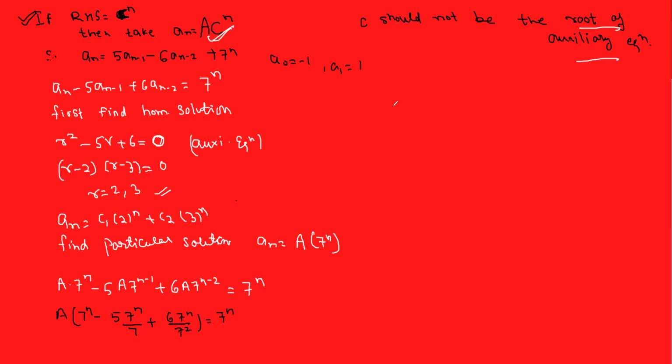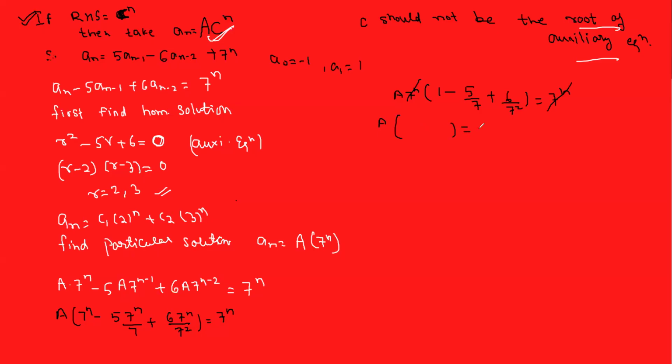Understood? Take 7 raised to n common. 7 raised to n cancels.